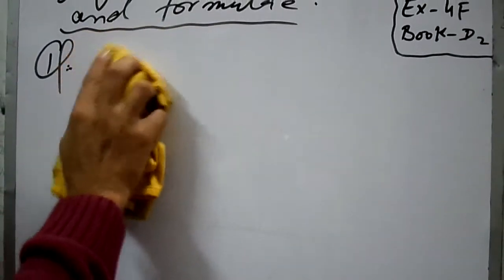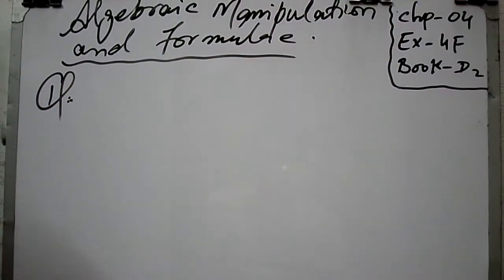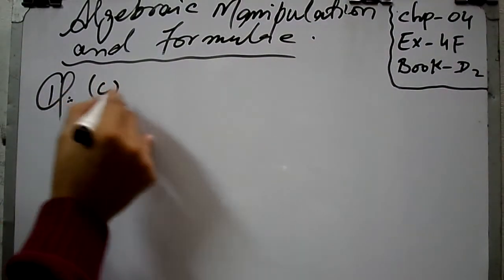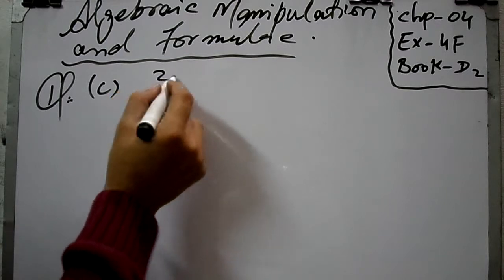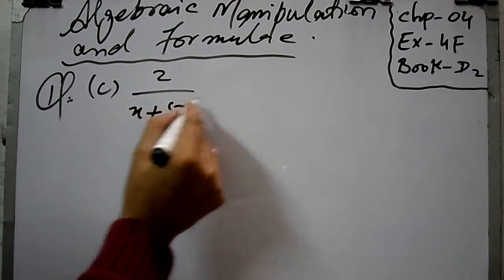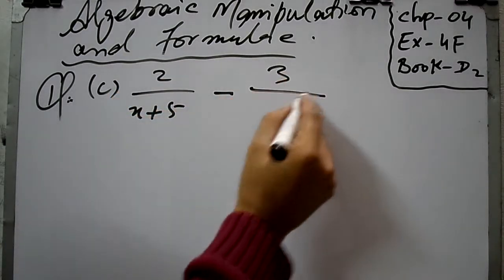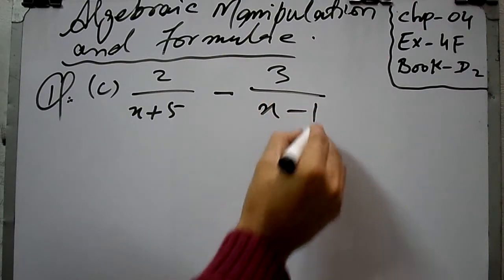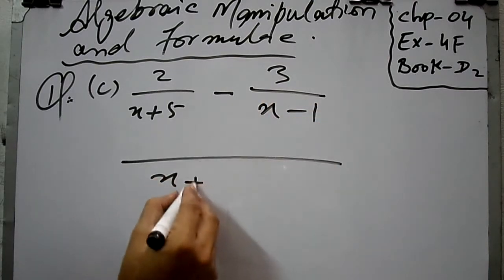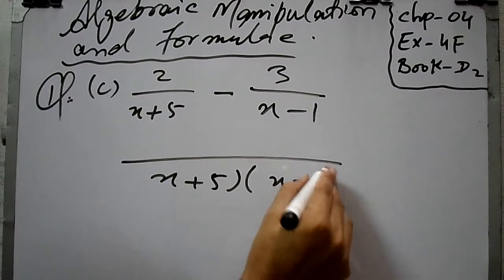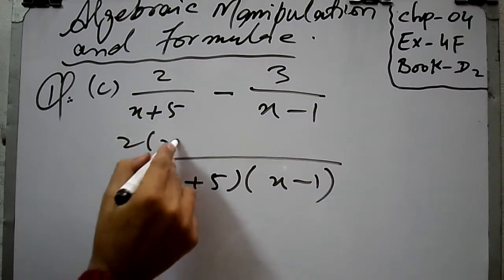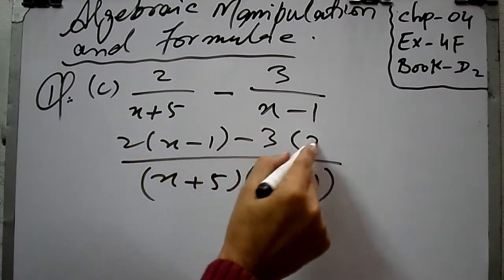Coming to the question number C part. In C part, 2 by x plus 5 minus 3 by x minus 1. So taking LCM, x plus 5 into x minus 1, common part into non-common part. So LCM methodology applies here.